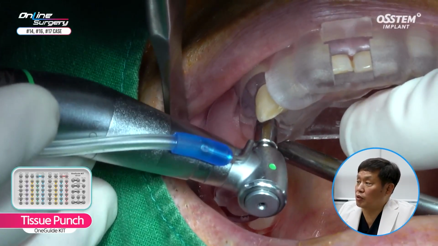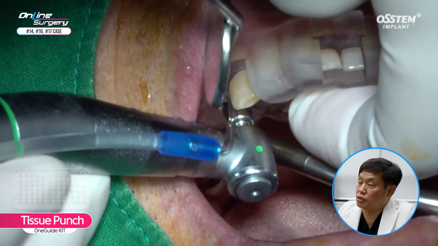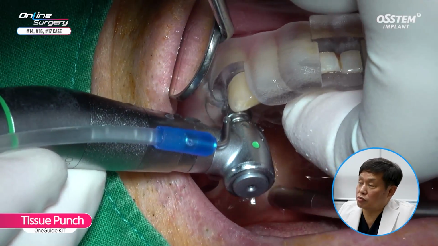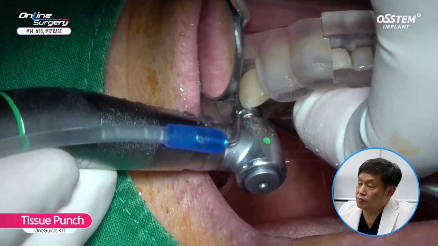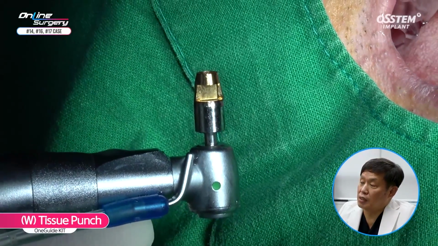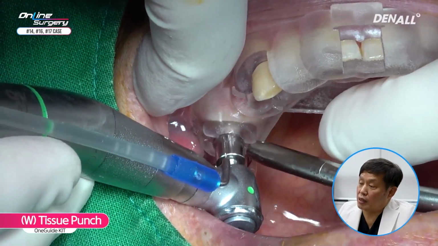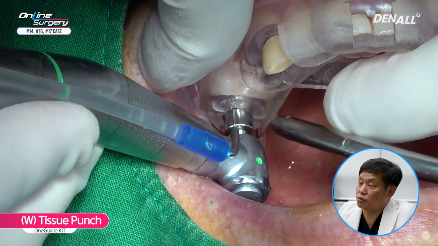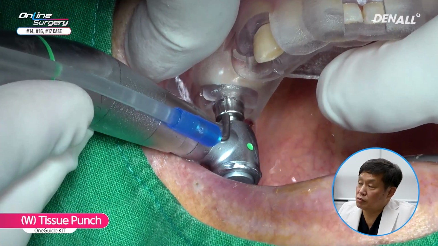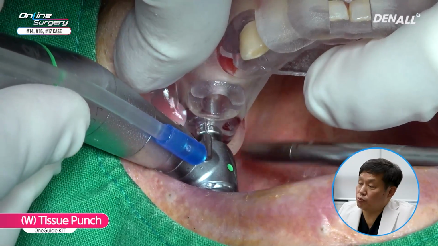Tissue punch was performed. In number 14 area, regular size tissue punch was used, and overriding mucosa was removed. Number 16 and 17, wide type tissue punch was used. Overriding mucosa was removed in this way.